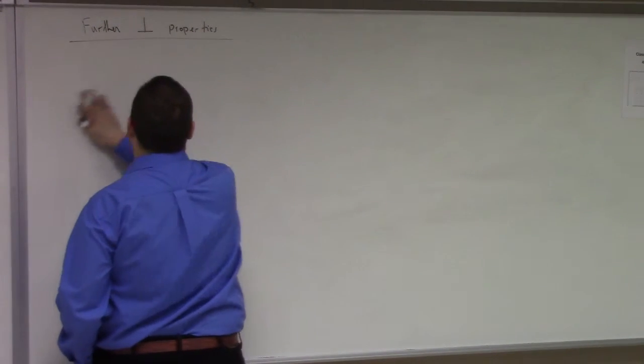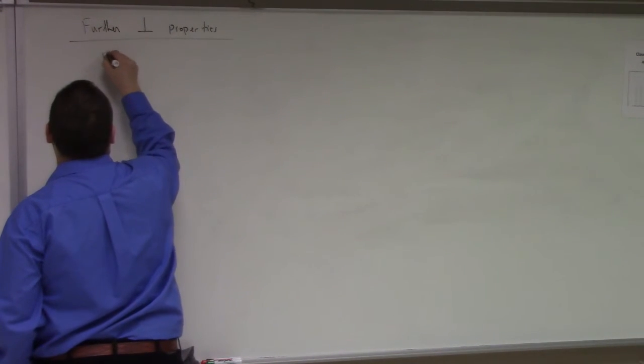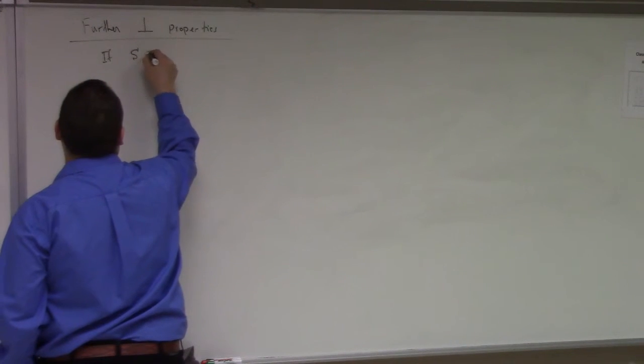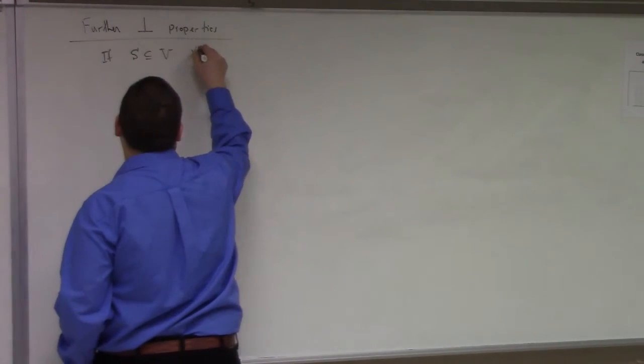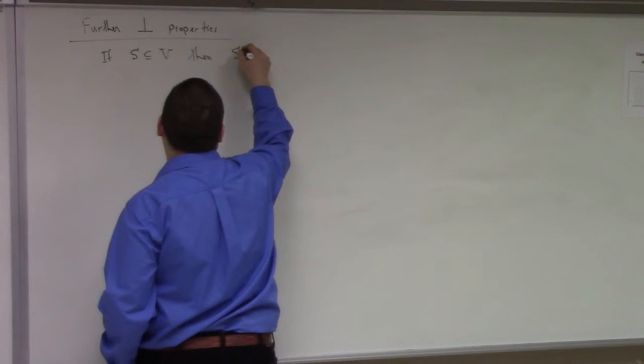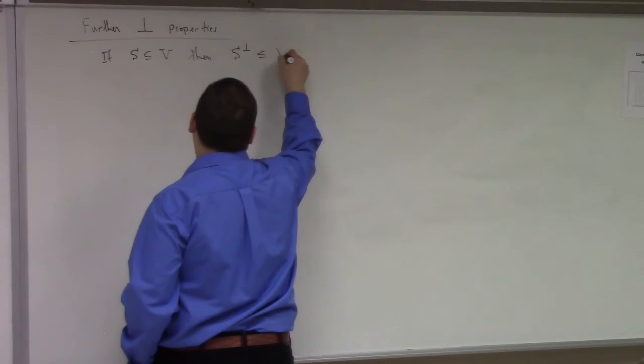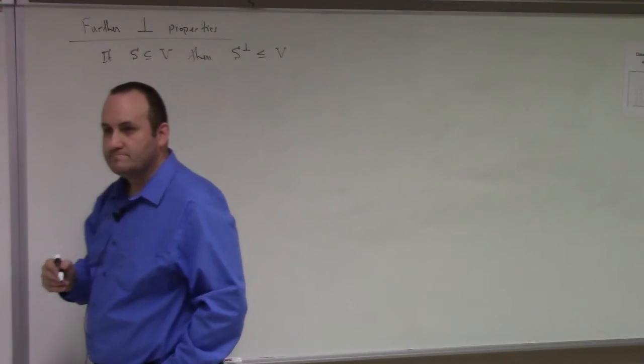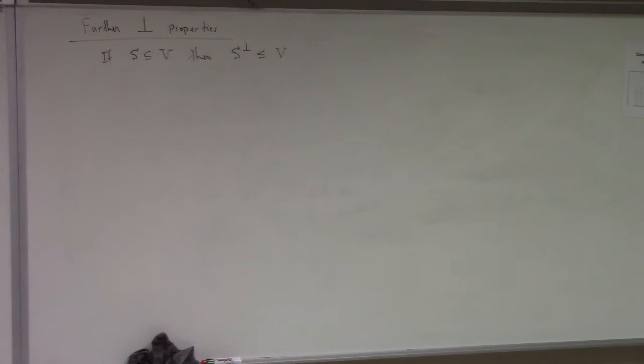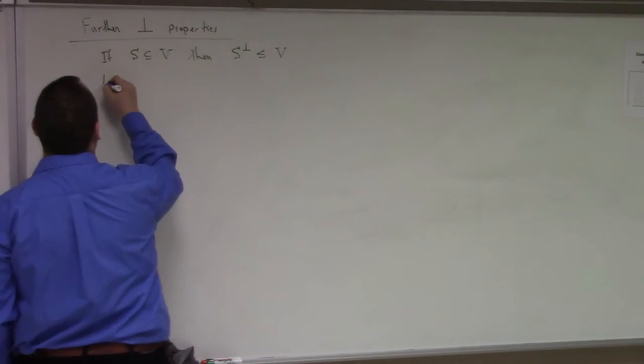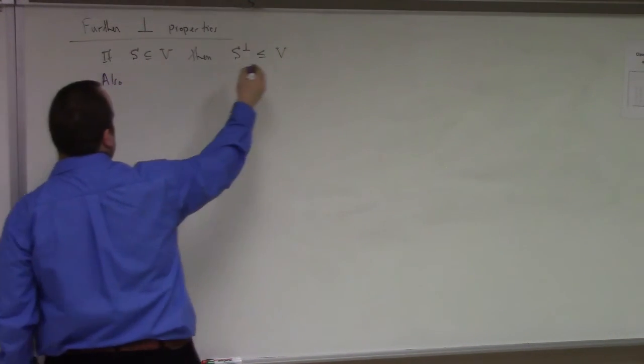Last time I proved for you that if S was a subset of an inner product space V, then the perp of S is a subspace of V, right? But there's more. What happens if you take the perp of the perp? We proved this last time.